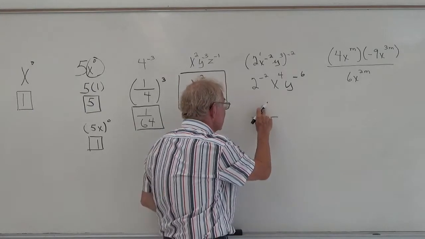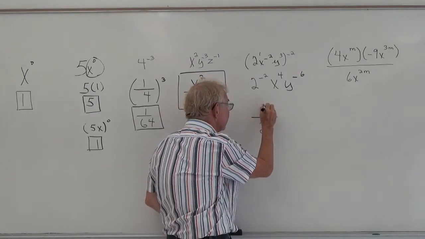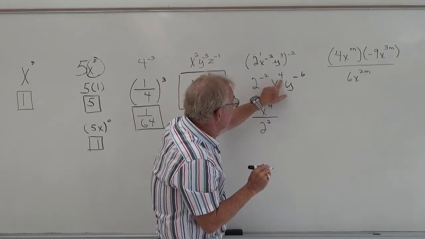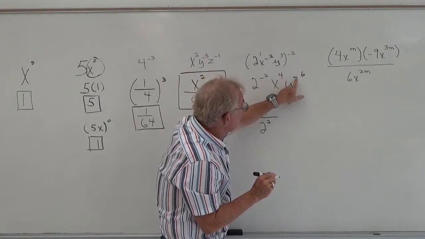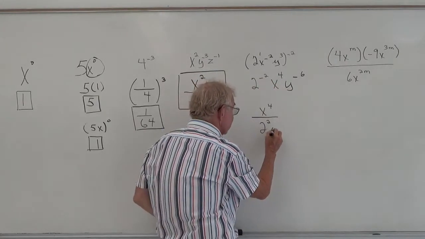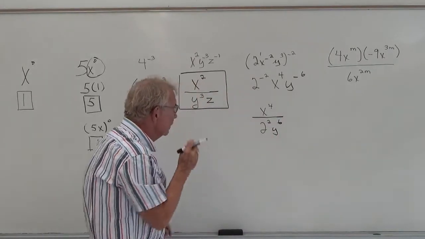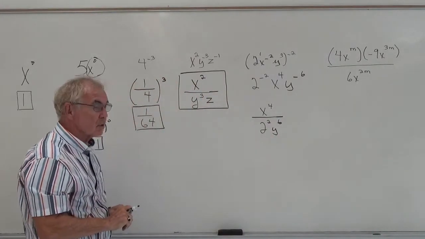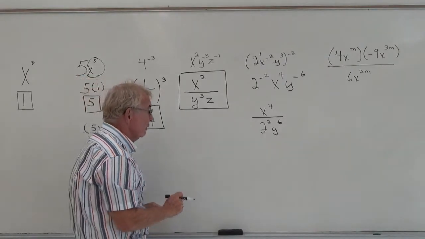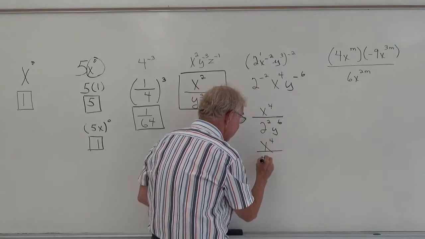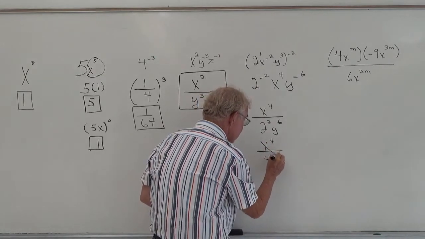But now the placeholder is going to be x to the 4th, because that's a positive exponent. This goes back down because of the negative exponent, so it'd be y to the 6th. Now, you wouldn't go into the store and say, I want 2 square things, even though it's right. If you want 4, 2 to the 2nd is 4. So there's your answer.